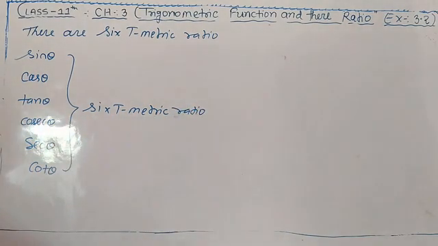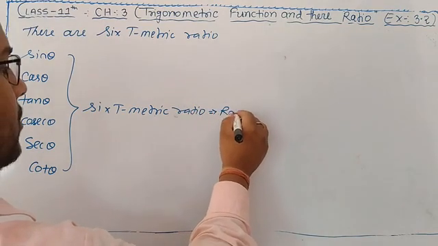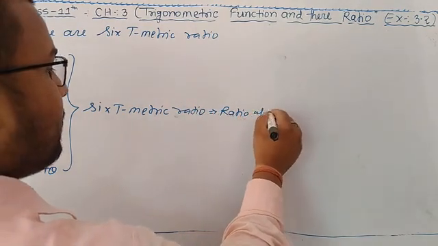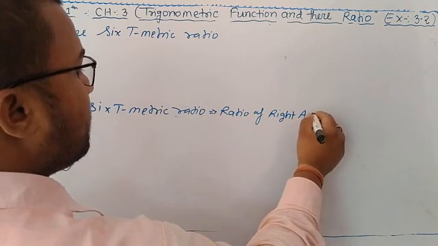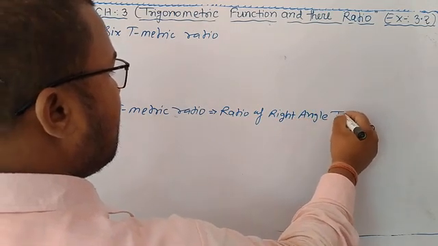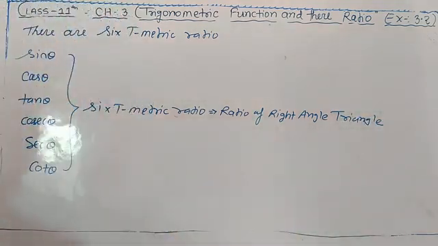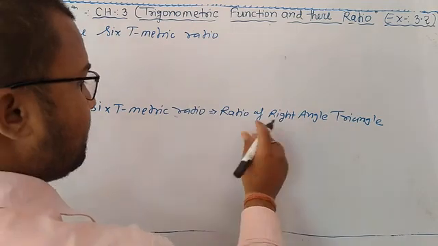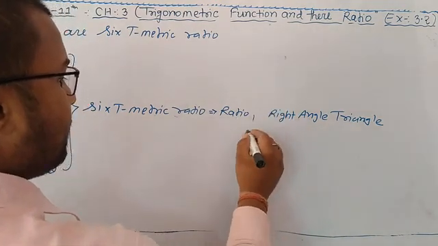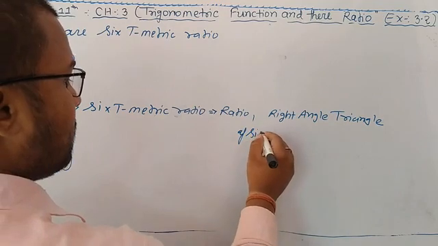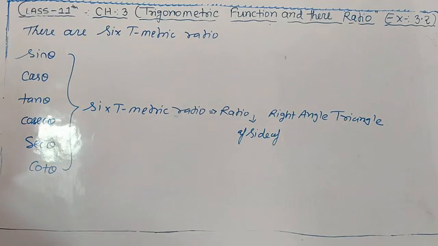All the trigonometric ratios are defined as ratios of the sides of a right angle triangle.